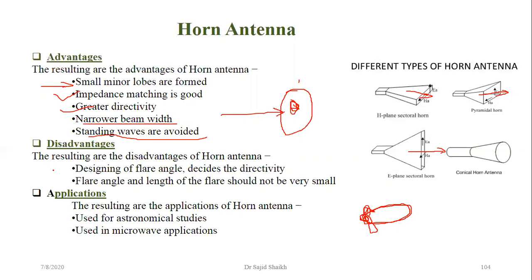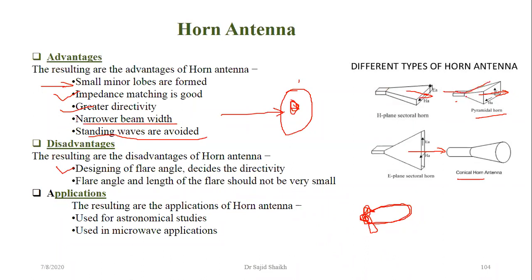Now when we talk about the disadvantages, the design of the flare angle decides the directivity. Whatever the design is, whether it is a conical shape or pyramidal shape, the electromagnetic wave travels from the source like this and from this to this.